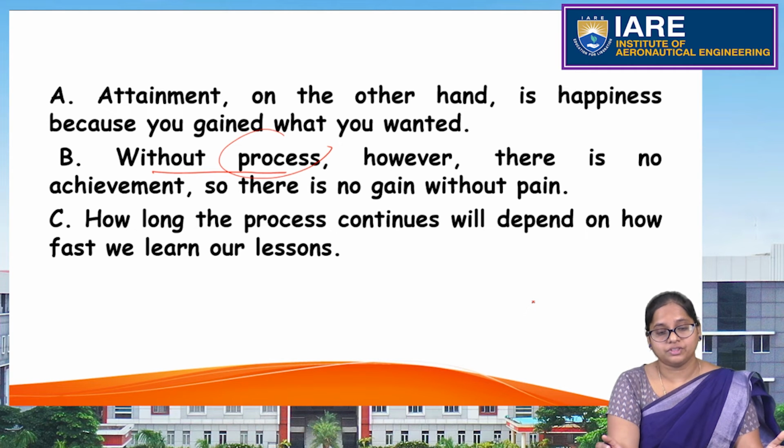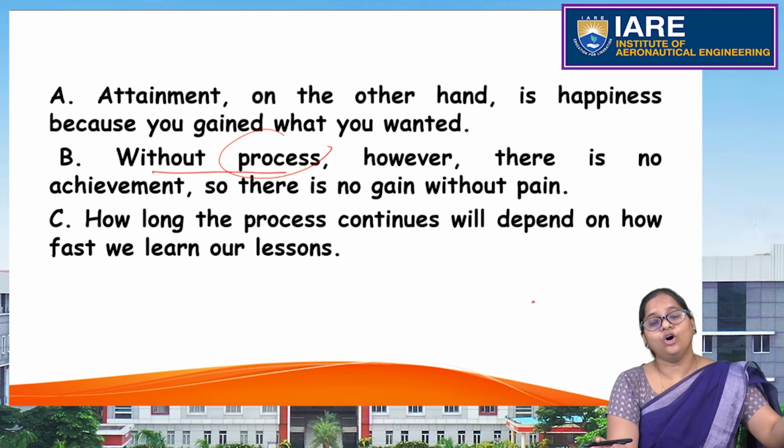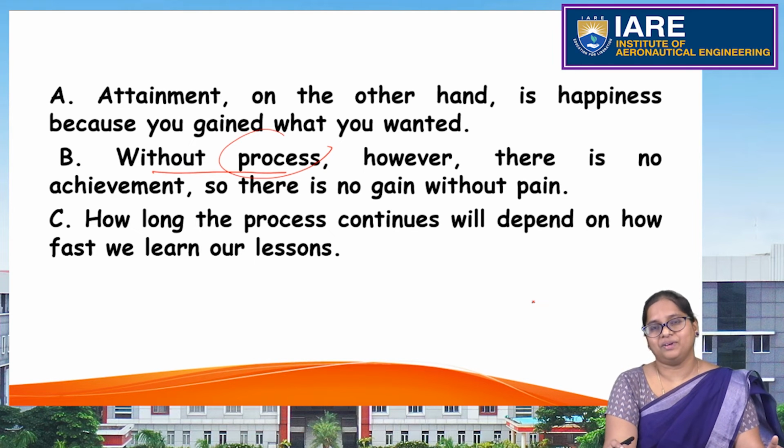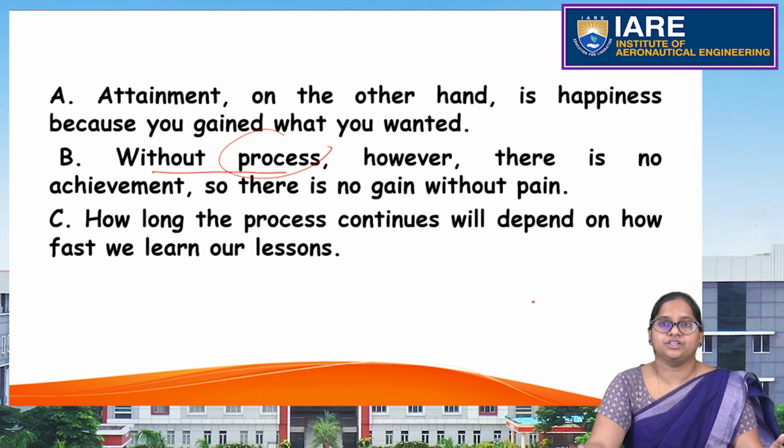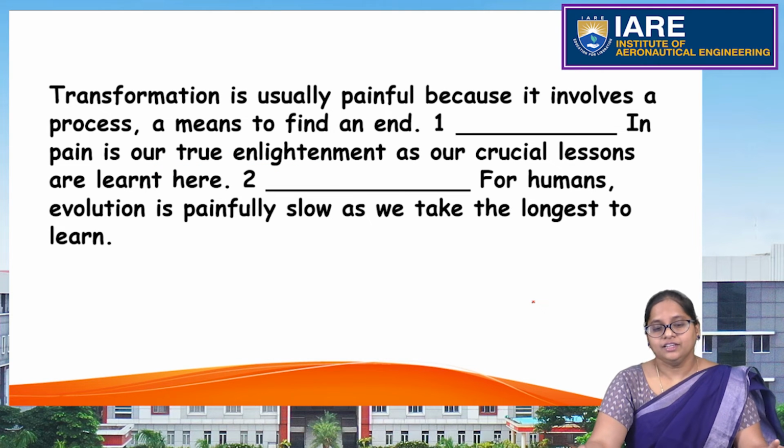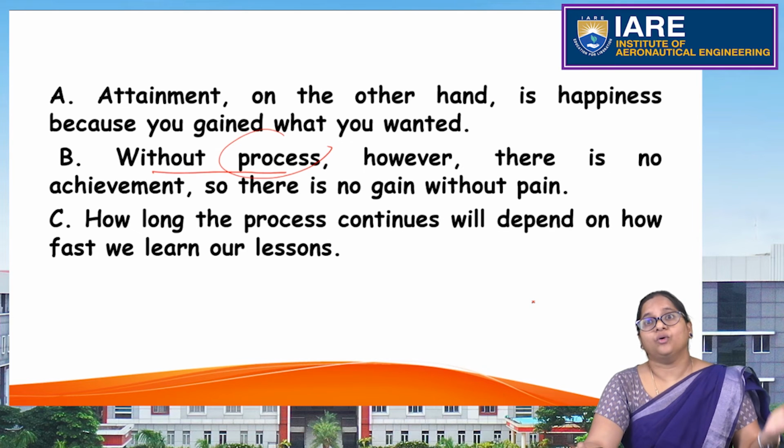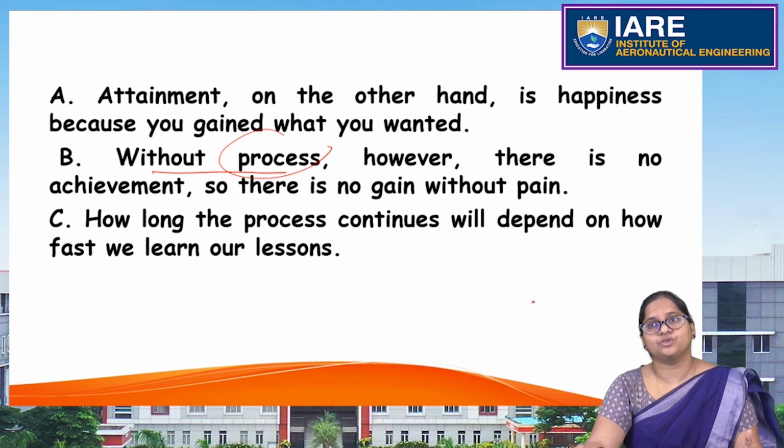Without process, however, there is no achievement, so there is no gain without pain. How long the process continues will depend on how fast we learn our lessons. Now, understand: transformation involves a process, a means to find an end. Without process, however, there is no achievement. So there is no gain. How long the process continues will depend on how fast we learn our lessons.